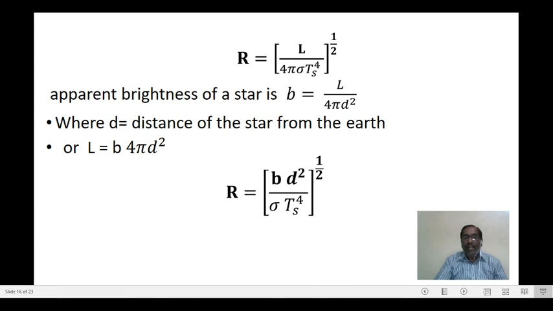Next, apparent brightness of a star is given by B equals L by 4 pi d square, where L is the luminosity and d is the distance of the star from the surface of the Earth. Then L equals 4 pi d square into B. Substituting these values in the above expression, we get R equals (B d square by sigma Ts to the power of 4) whole to the power of half.